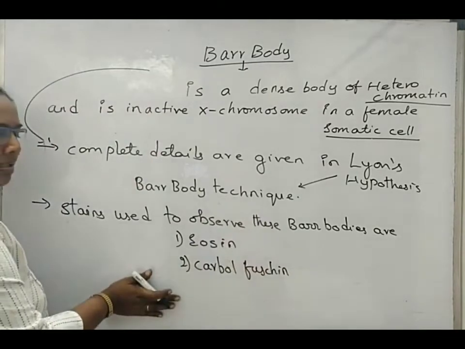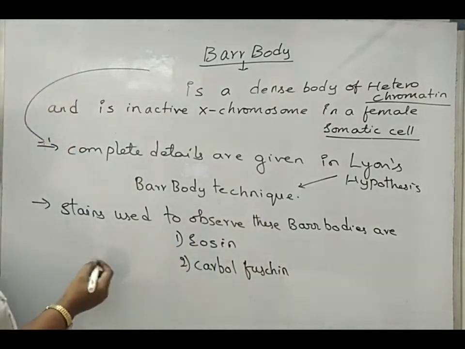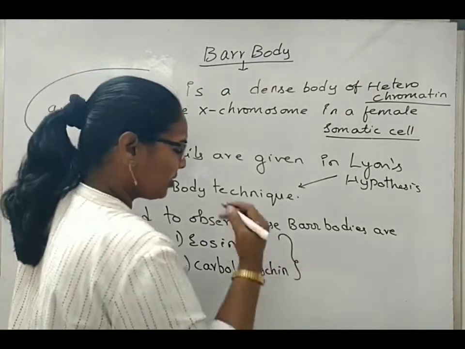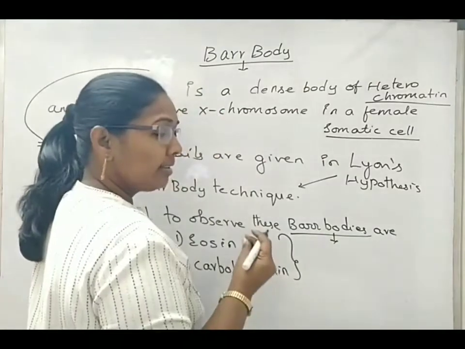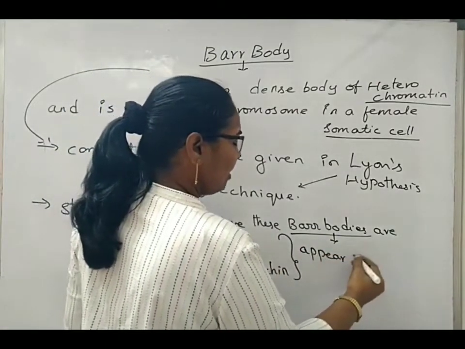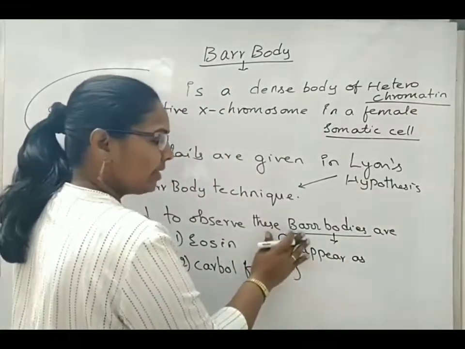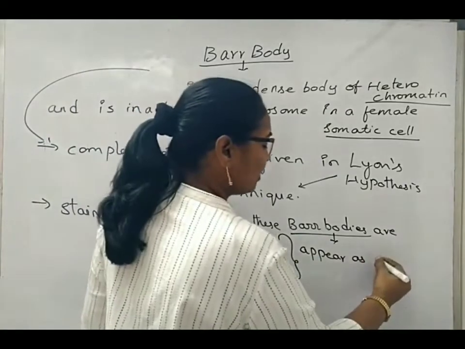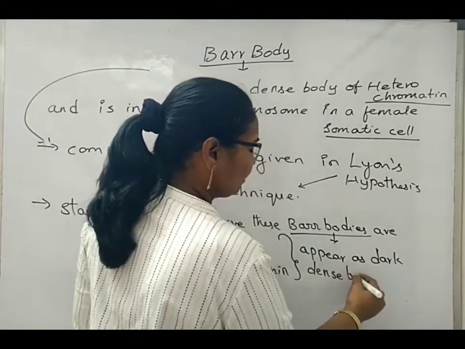There are many other stains also; I have written just two here. When we stain Barr bodies with such stains, then Barr bodies appear as dark, dense bodies.